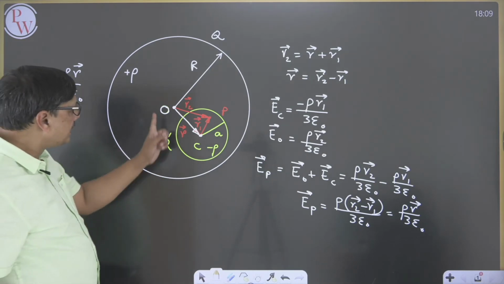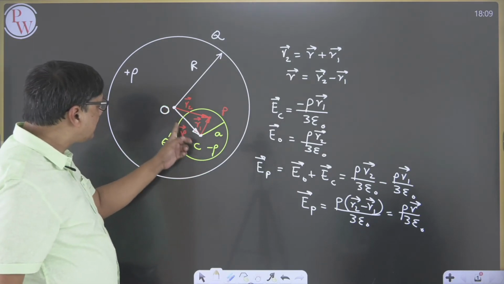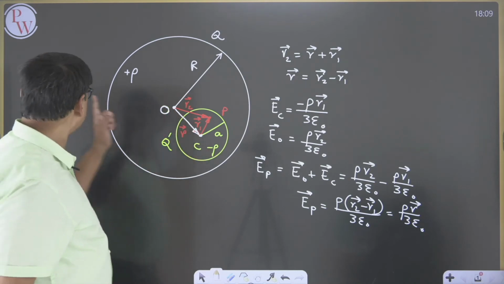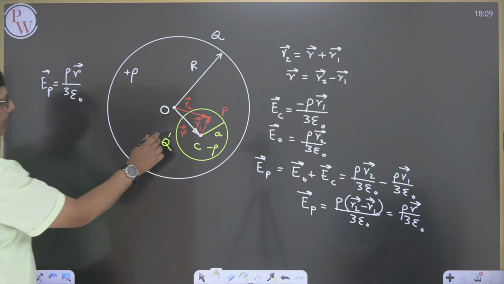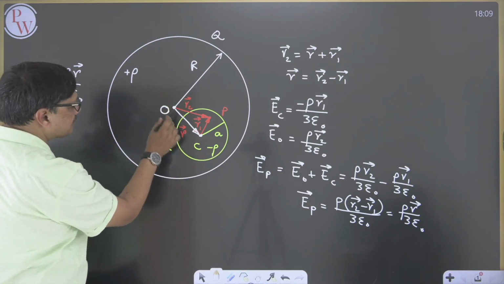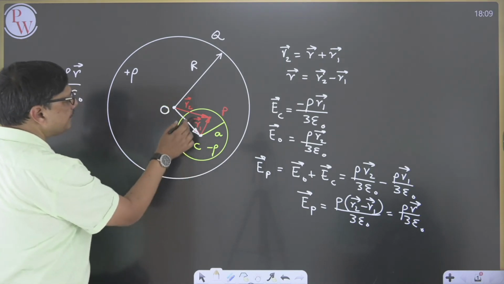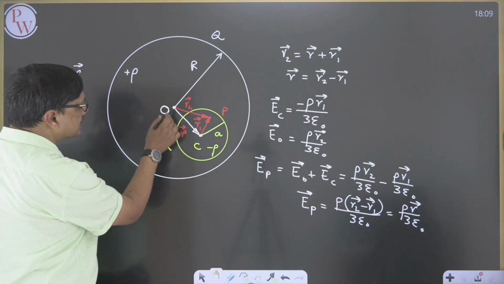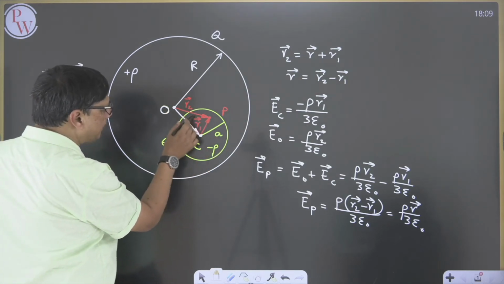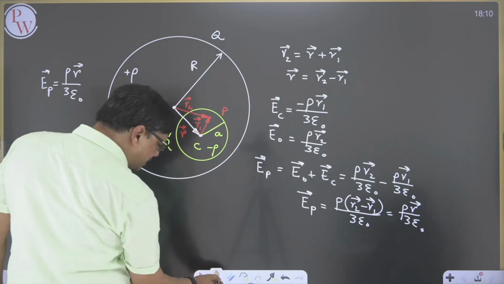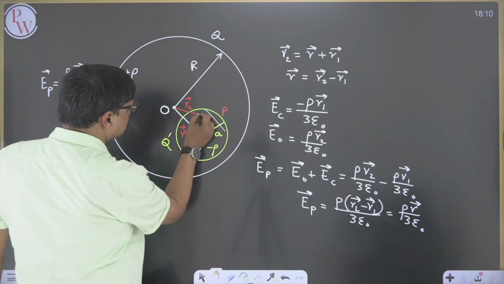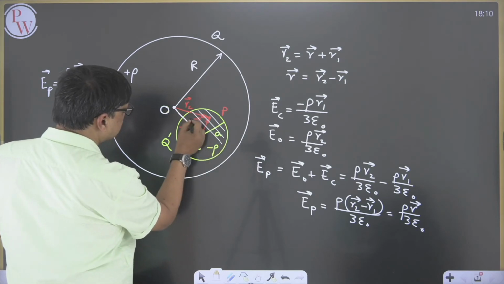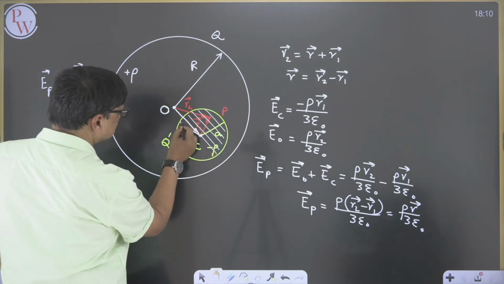Not only that, it is directed along the direction of the vector R. You see that the field at any point is directed along the direction of this vector R. That means it is parallel to this vector R, or it will form field lines which are parallel to the R vector. That means the direction of the field lines will be like this.